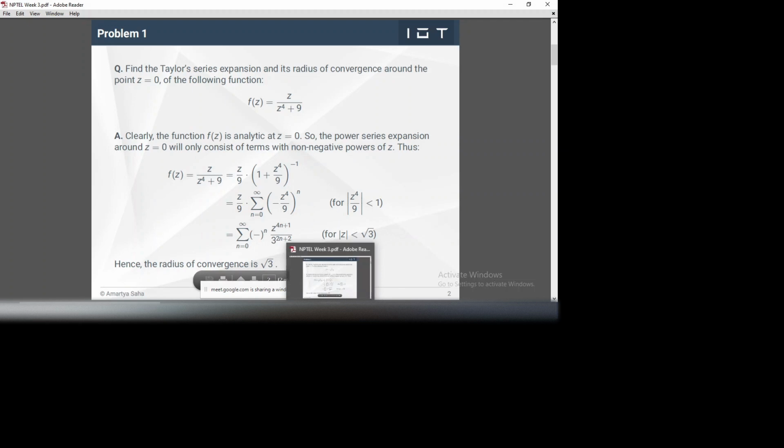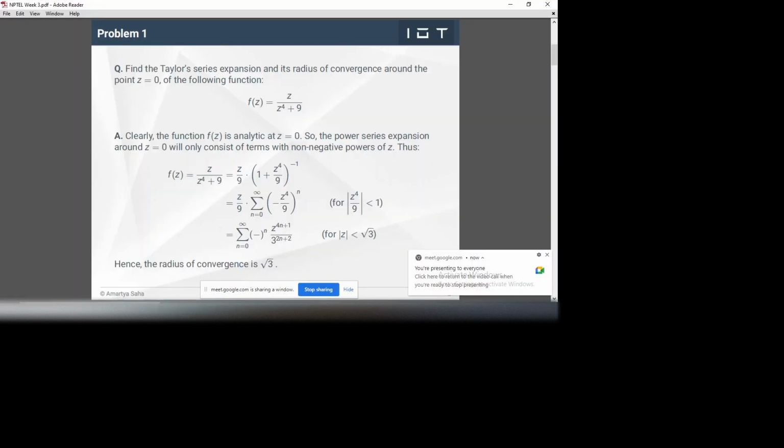Okay, this was the easy problem. I think in the lectures you have been taught that to find this series expansion we need to do complex contour integrals, right?